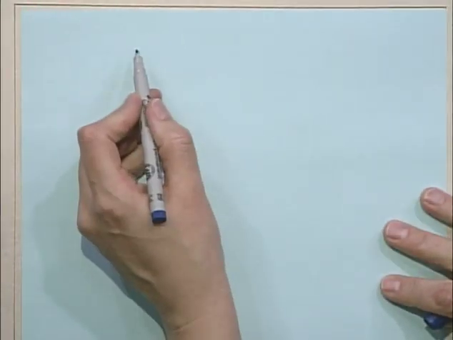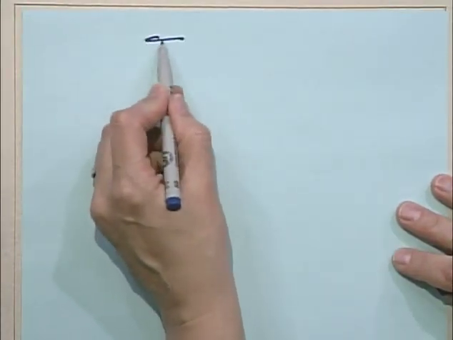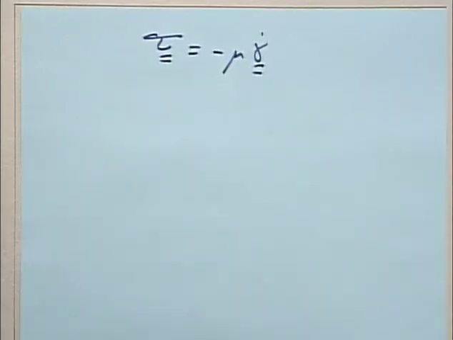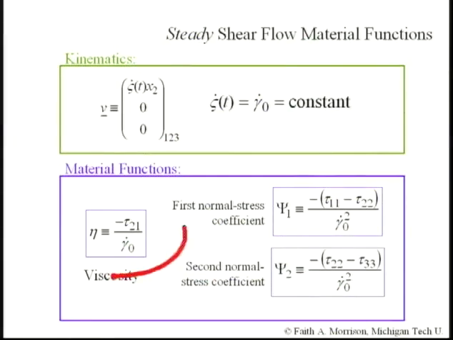If you have a constitutive equation, so let's say the Newtonian, how do I predict what a material function is given by for that equation? How would I predict viscosity and first normal stress coefficient for, let's say, the Newtonian case?